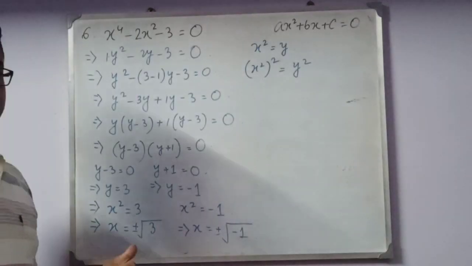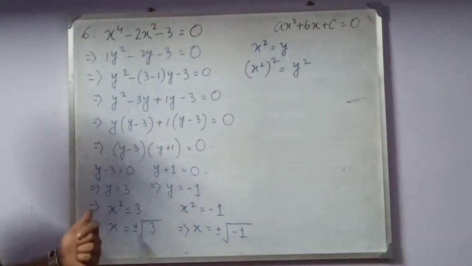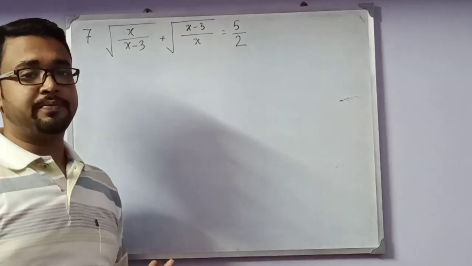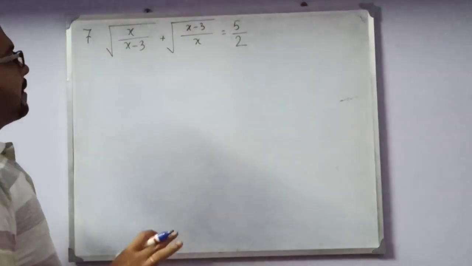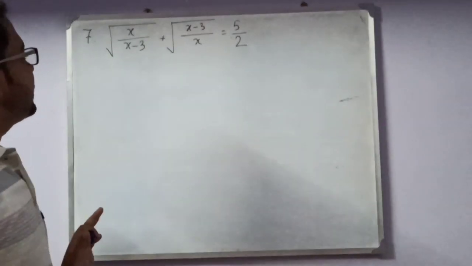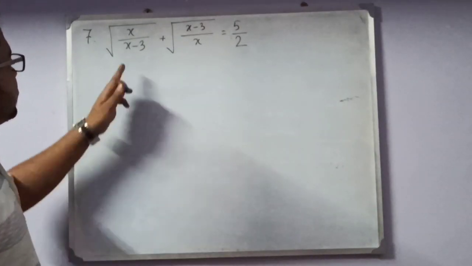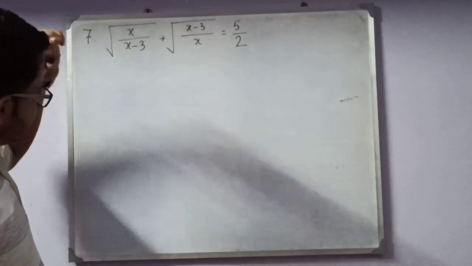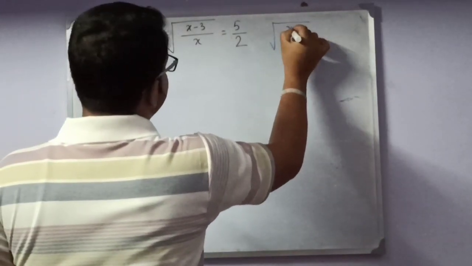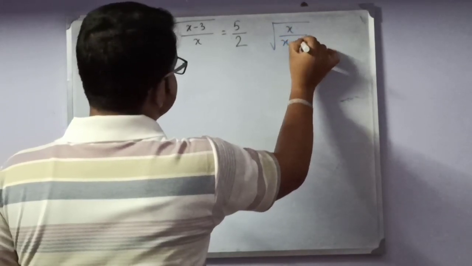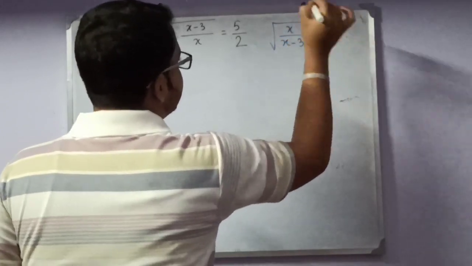Rewind this video as many times as you can. Now the toughest one. See it very carefully, don't skip. Here we have to take something as my assumption. So let root of x upon x minus 3 is equal to y.